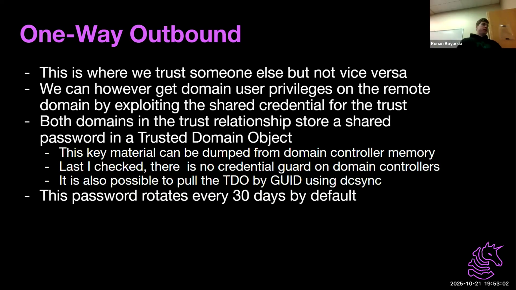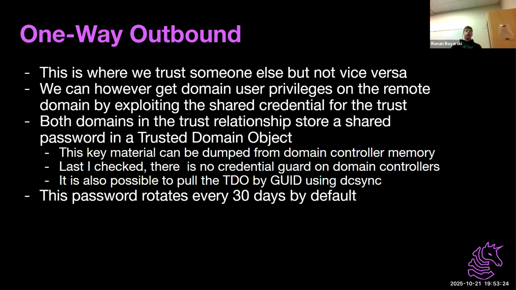Okay, so the last and most restrictive type is a one-way outbound, which is almost nothing we can do. Because that's the idea, we trust somebody else, but they don't trust us. There is one trick, though, that you can pull, which is that they have a shared credential for any kind of trust, even if we have no powers.